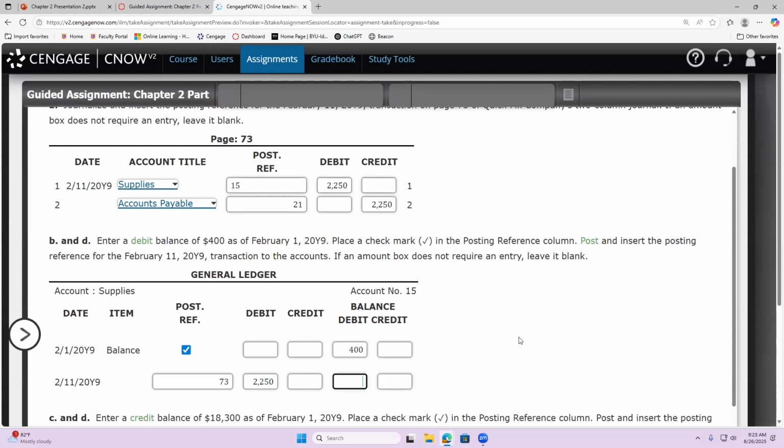And now I have to put the new balance of the account. If I had a debit balance of 400 and I debited the account 2,250, what do you think the new balance would be? Yep. So since I had a debit balance and I did a debit, then I'm adding them together. So the new balance is 2,650.